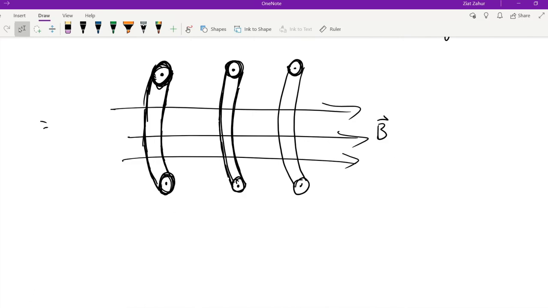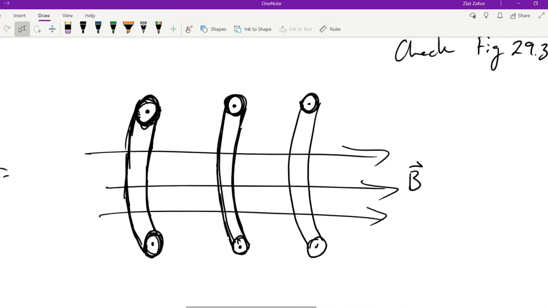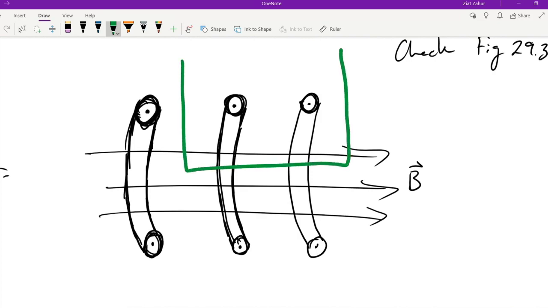So, what we want to do is create a dL. So let's create a dL, a closed loop. We're going to do a closed loop like this. Here's our closed loop. Our closed loop goes this way, like so. This is our loop.